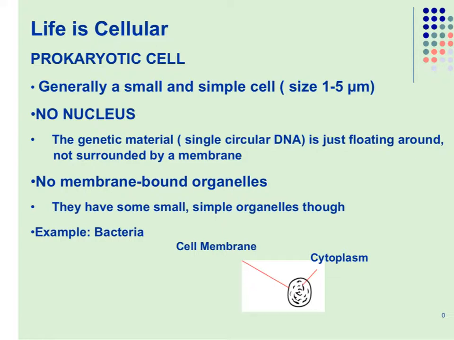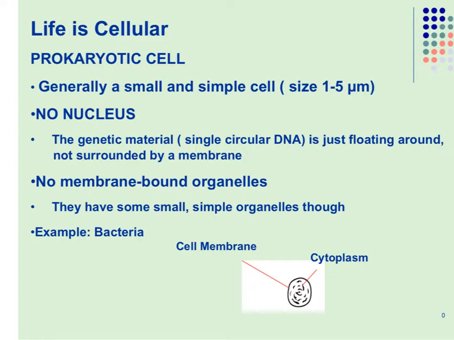So prokaryotic cells, just know they are the simplest of all cells. They do not have a nucleus and they do not have membrane-bound organelles. Their DNA is simply floating around in the cytoplasm. You also need to note that it says here it is a single circular strand of DNA.